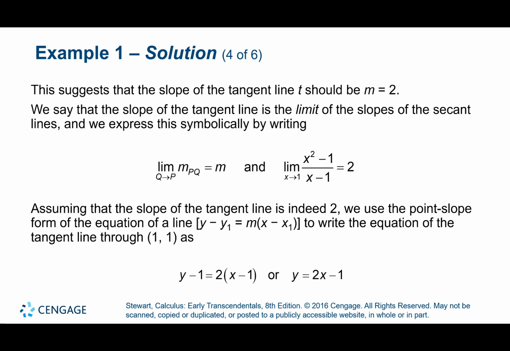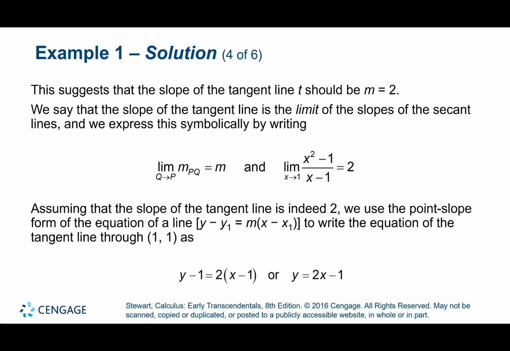So this says the limit as our x-coordinate approaches 1 is 2. And this thing's just the slope, squared minus 1. So we can figure that out.